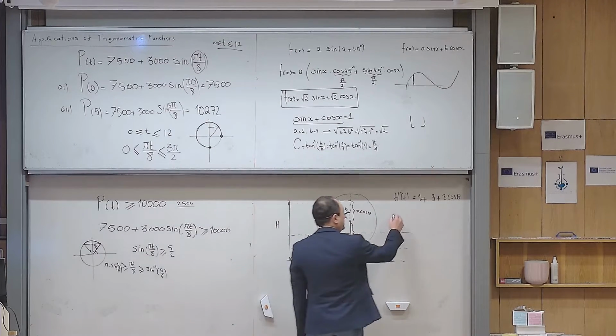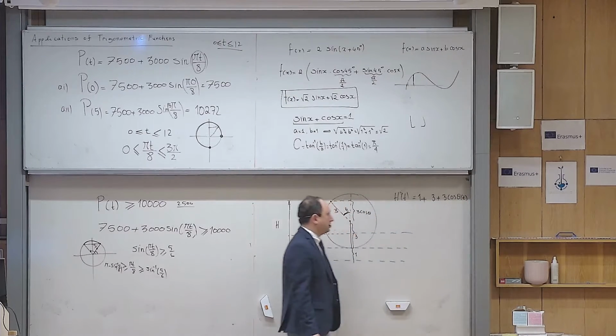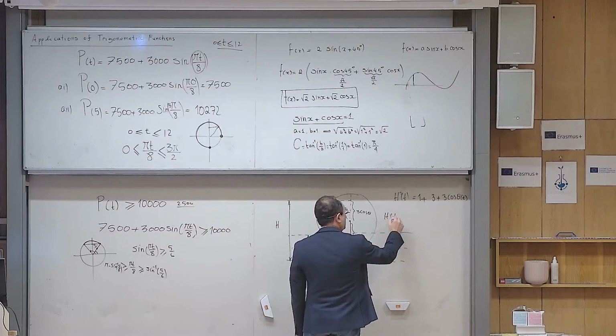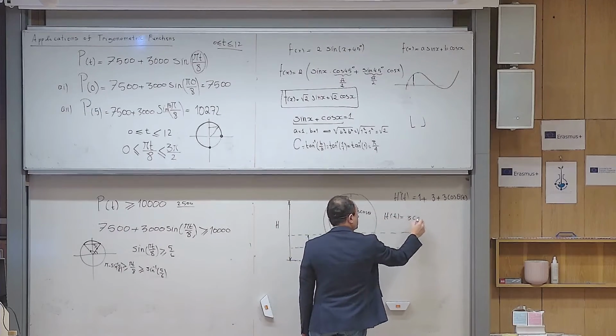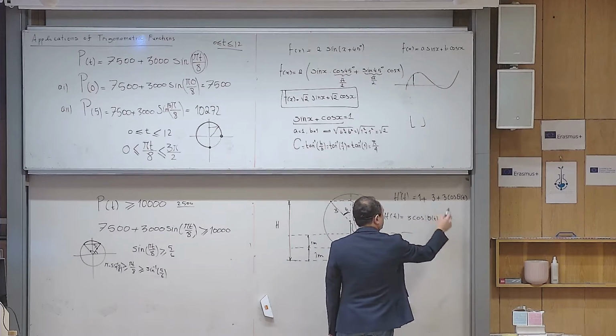Why h of t? Because theta is a function of t itself. So h of t is equal to 3 cosine theta of t plus 4.